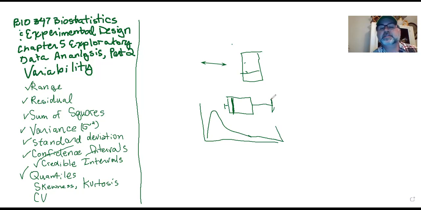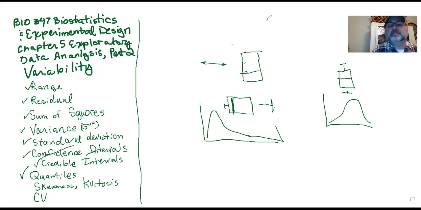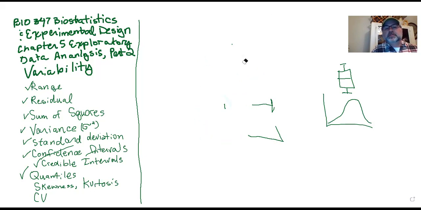So what we'll work on is being able to take a box plot and from that visualize the type of distribution. If you're lucky and your data is normal, then your box plot will be nice and symmetrical. Good luck with that. All right. Skewness and kurtosis.